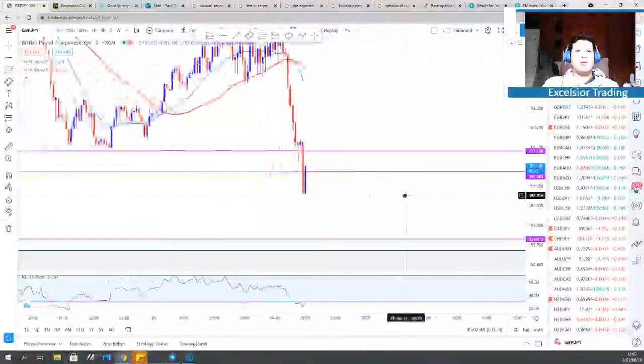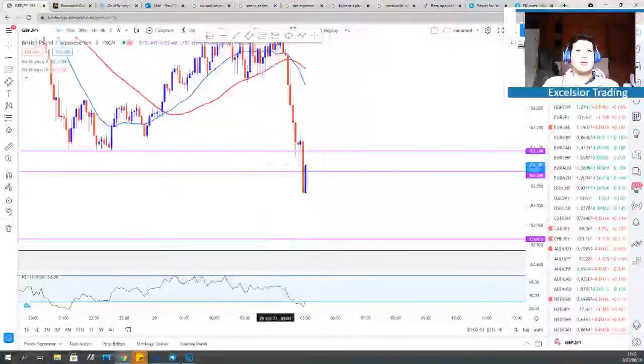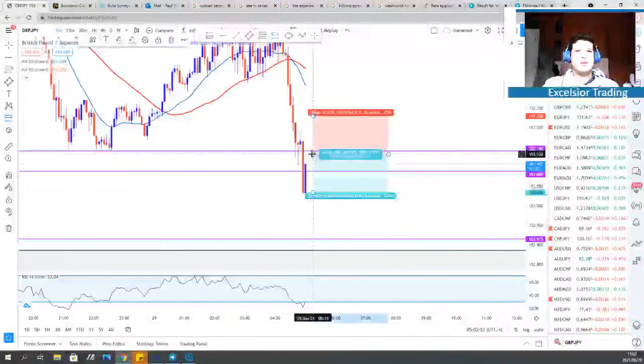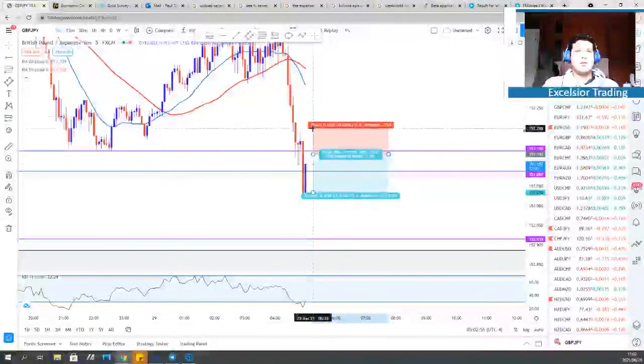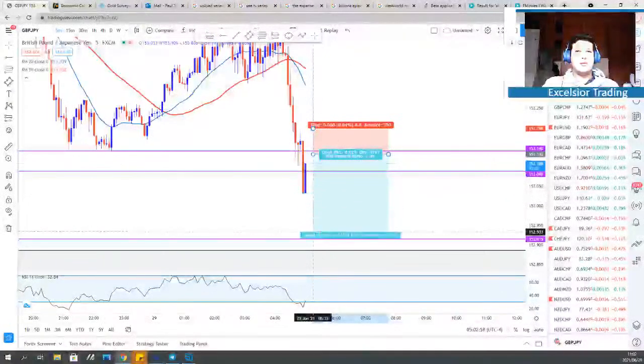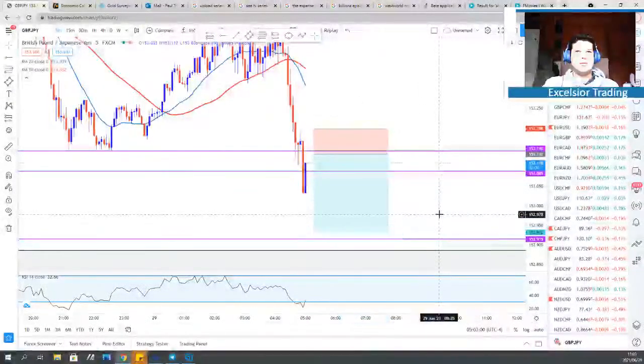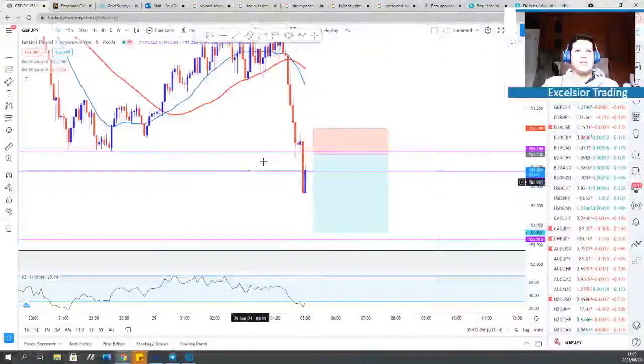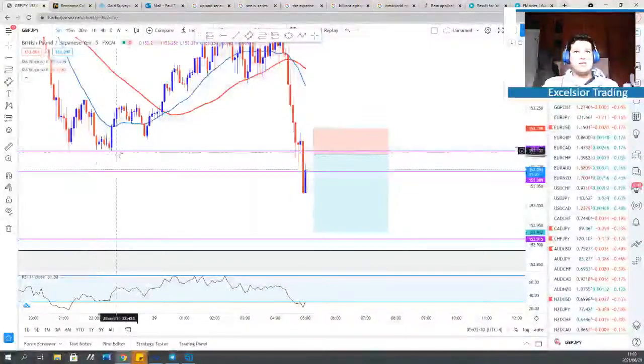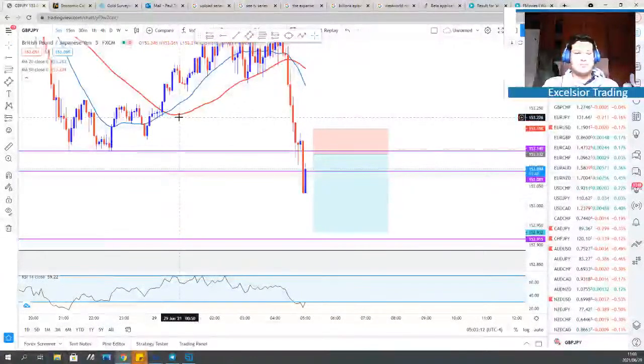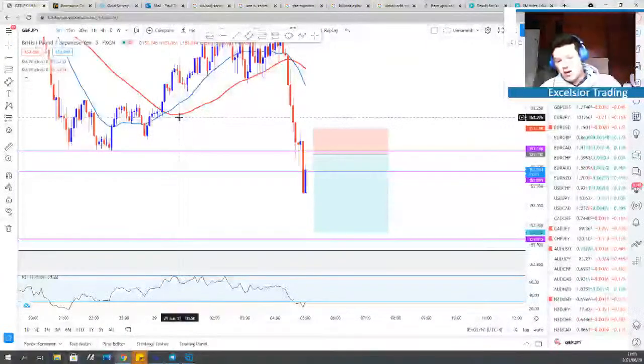We might find the entry going down here. It probably looks like this. So if price can manage to reject, I really want price to come up here, right? Because we have this resistance to the left. But that's a bit sketch, man. That's a bit sketch. I don't know.